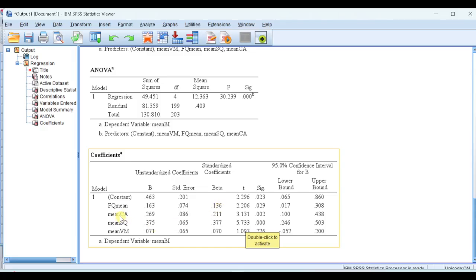For every change in standard deviation of cultural authenticity, the standard deviation of behavioral intention will be affected by 0.211. So this is how we interpret it in terms of standard deviation when we want to compare the standardized coefficients.